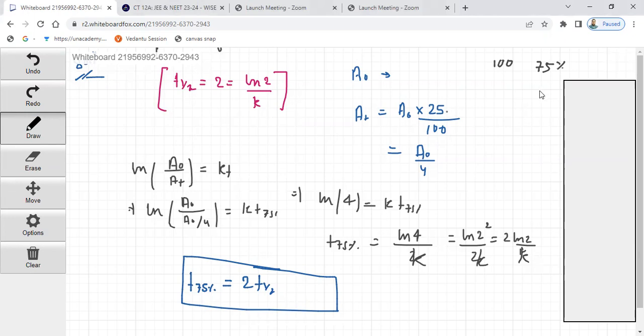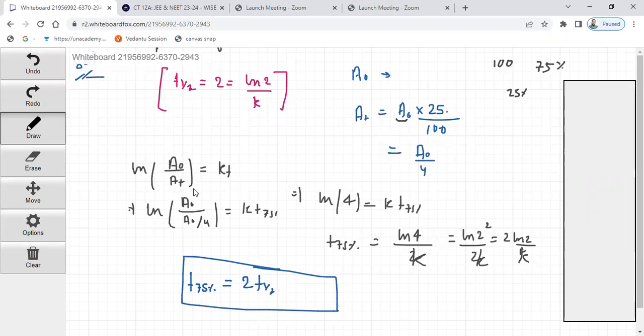How much saving do you have? Only 25% remaining. Similarly, suppose 75% is rejected, then 25% is remaining. So 25% will be the A naught by 4 value. So At is the final concentration that is remaining.